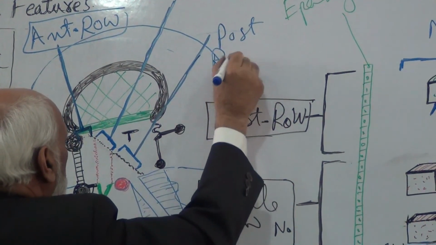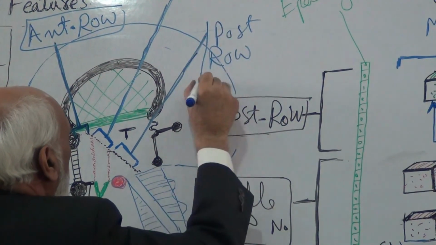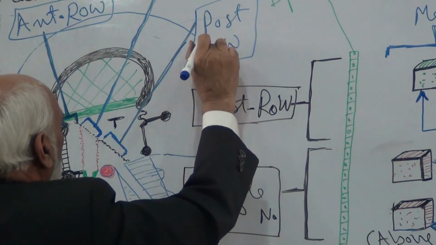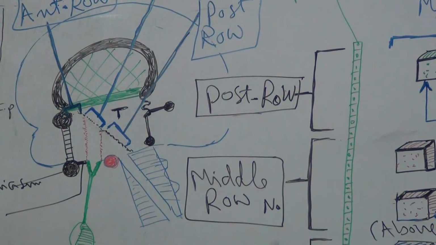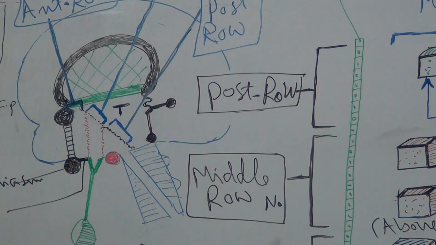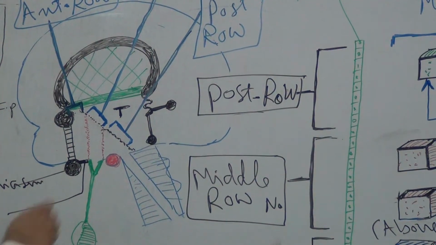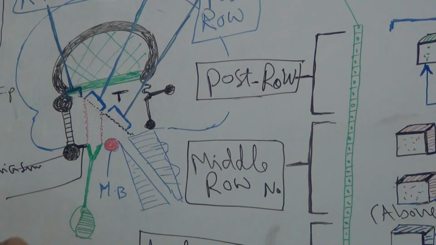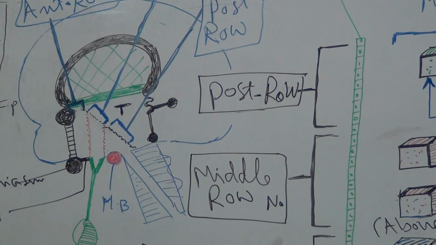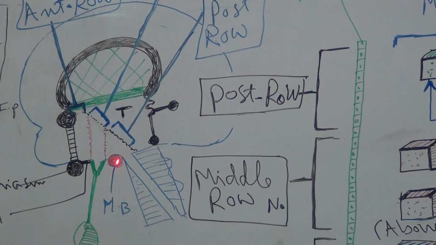This is a mammillary body. So posterior row nuclei are located in this region, above the level of mammillary body. And there is a posterior nucleus, a lateral nucleus, and nuclei of the mammillary body.